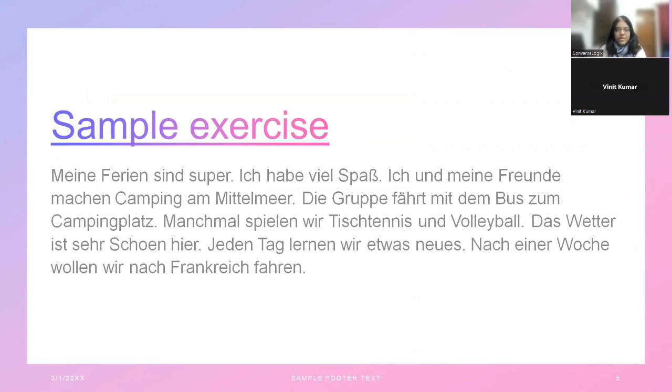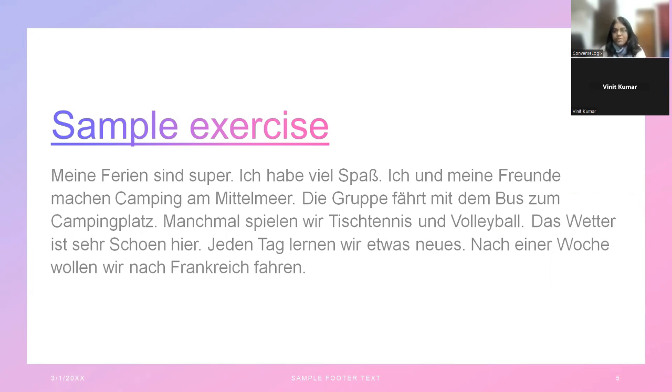Das Verb ist sind, and that is plural, because we have meine Ferien, so "Meine Ferien waren super." "Ich habe viel Spaß": haben, present. Präteritum is hatte, so "Ich hatte viel Spaß." "Ich und meine Freunde machen Camping am Mittelmeer." Machen, again a present. Gemacht is the perfect form, so that should be machte. "Ich und meine Freunde machten Camping am Mittelmeer."